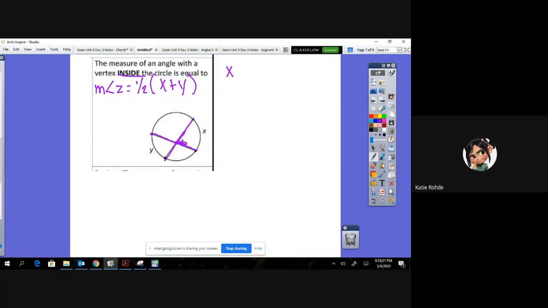X and Y are arcs, so those will also be angle measures.